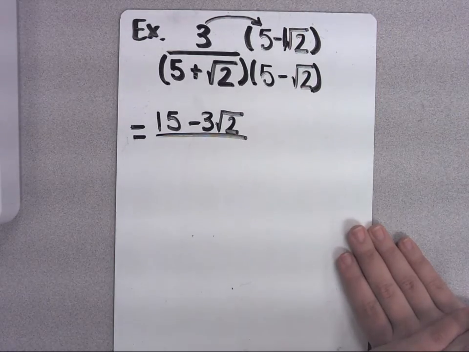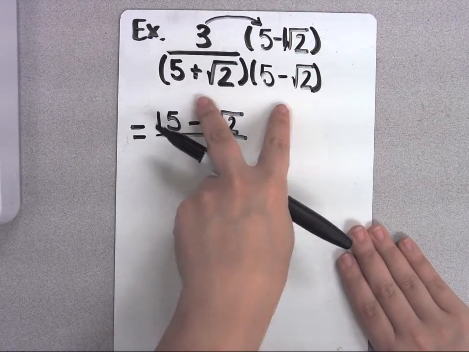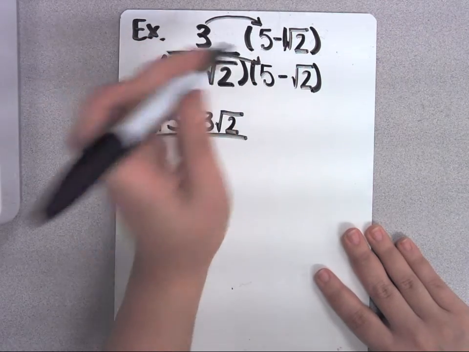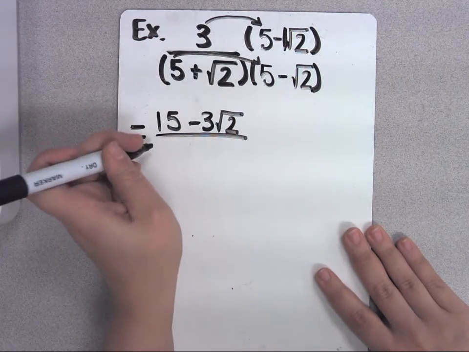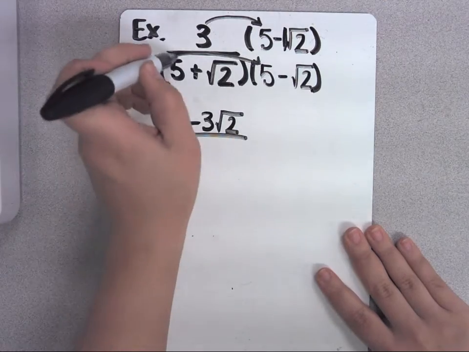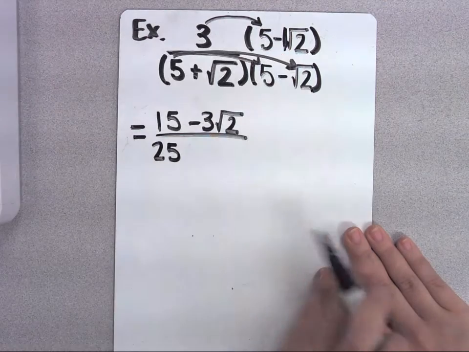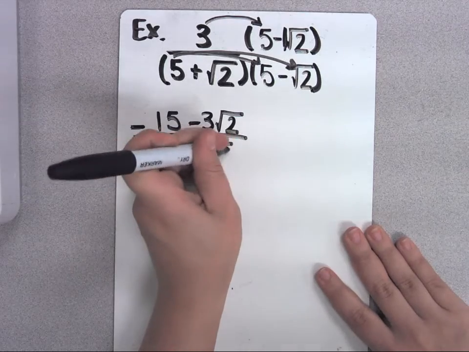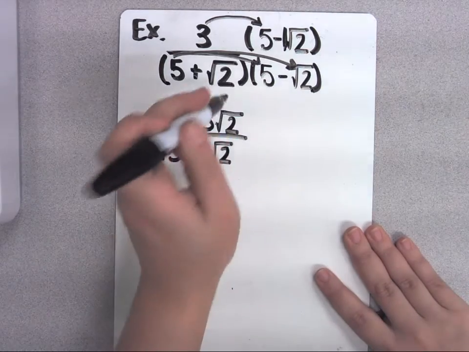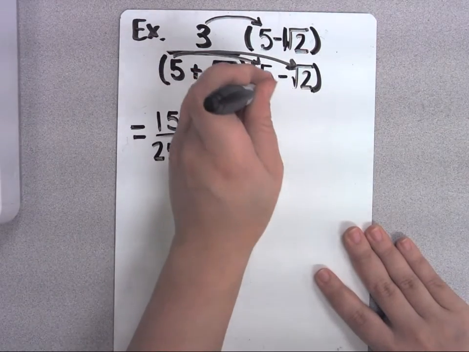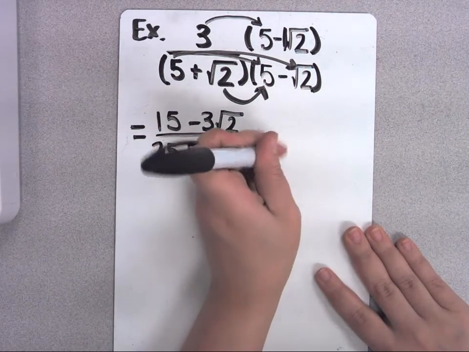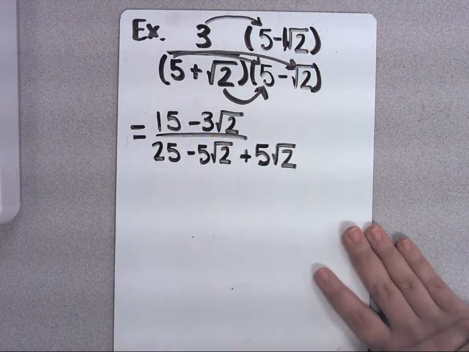Now, same thought process when we do the bottom. Foiling. First times first, so 5 times 5, 25. First times last, you have negative 5 square root 2. Inside times inside, positive 5 square root 2.